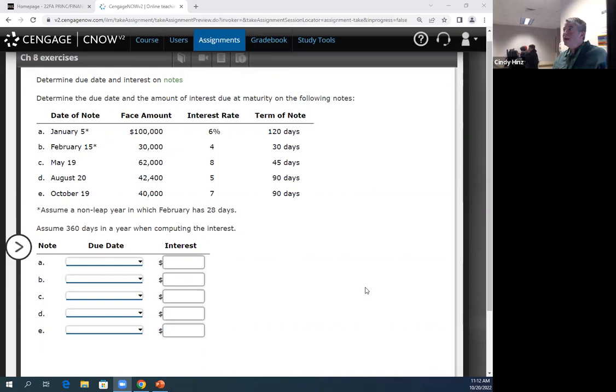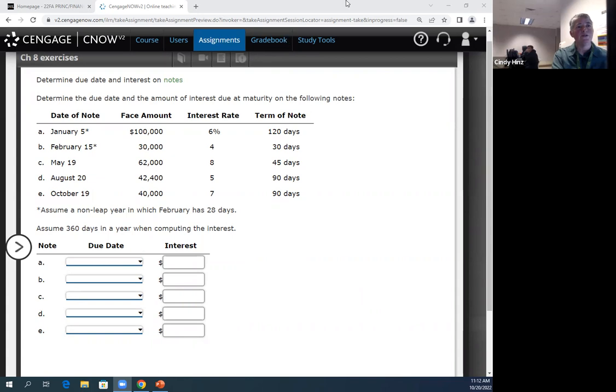So what we're going to be doing next is notes receivable. And I pointed out to you on Tuesday that the difference really between notes receivable and accounts receivable is notes receivable usually have a longer time till they're due, and they include interest. And so I told you that we would have to learn the calculation for interest.